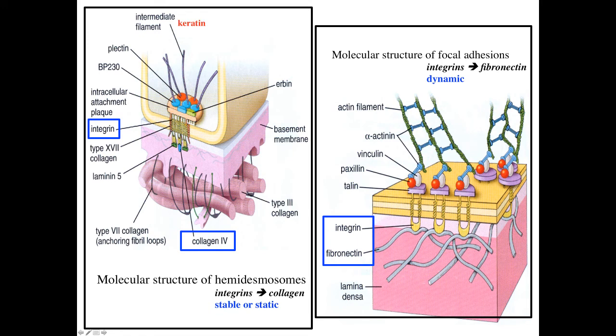The intermediate filament proteins are keratin, a very stable or static structure as opposed to the very dynamic focal adhesions. The integral membrane protein here has a binding site for fibronectin, so a very dynamic structure. The cytoskeletal filaments here are actin. These are microfilaments as opposed to the intermediate keratin filaments in the hemidesmosome.